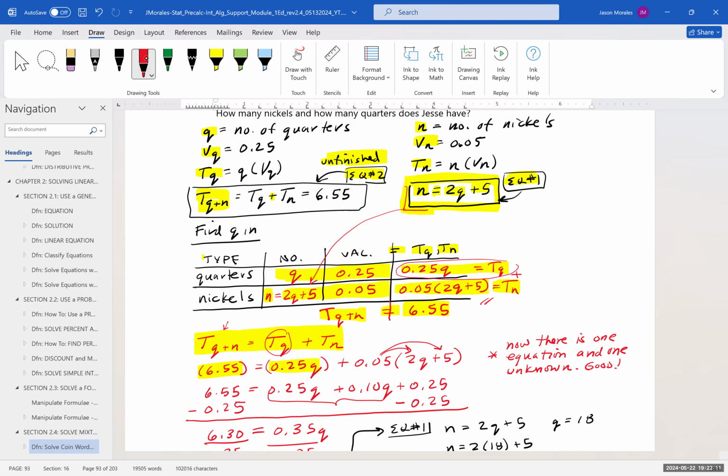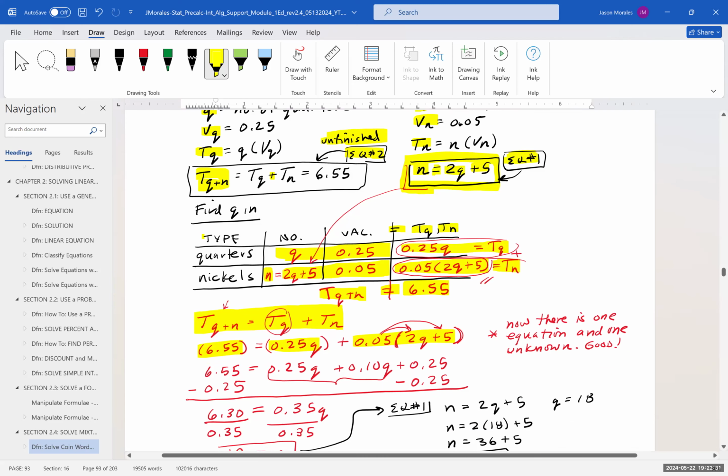And the total in nickels is given by this expression, which is 0.05 times 2Q plus 5. So now it's just a matter of simplifying this down. I do want to make note of this point that I made off to the side. By substituting in this value of N with 2Q plus 5, we've already got one equation here with one unknown. So we're ready to solve for this one unknown.